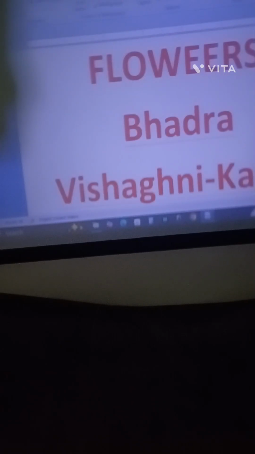Next, Neela Pushpi. What is Neela Pushpi? Flowers blue in color. Two varieties will be there: one with white flowers, another with bluish flowers. Bhadra, having multifold actions that protect the different systems in the body. Vishaghni, having anti-toxic activity. According to Kaiyadeva Nighantu, it is an anti-toxic drug.